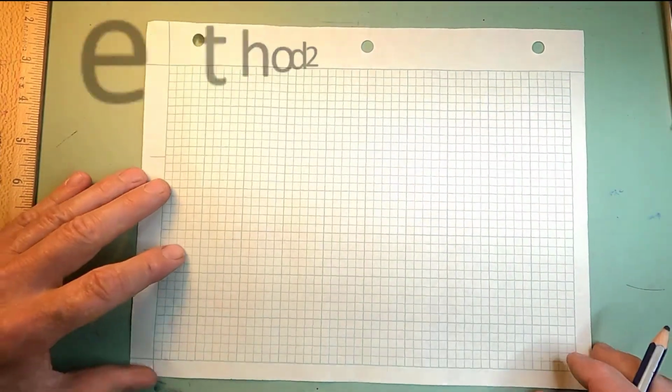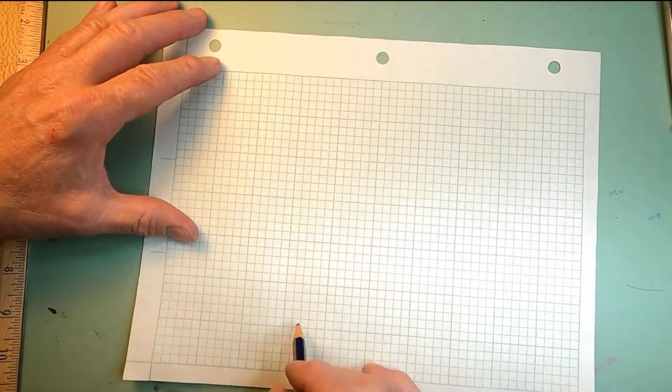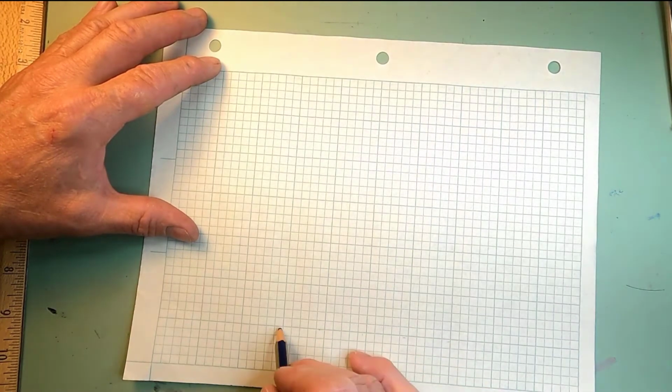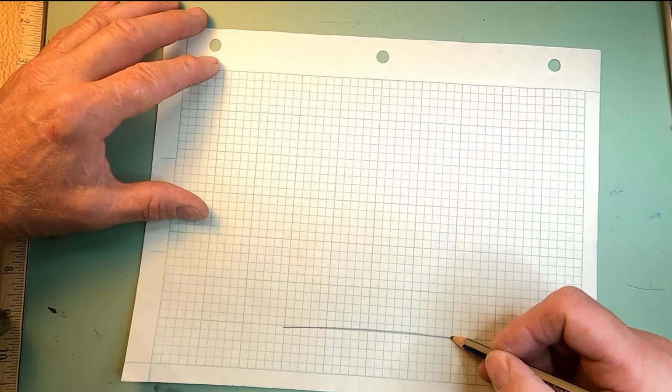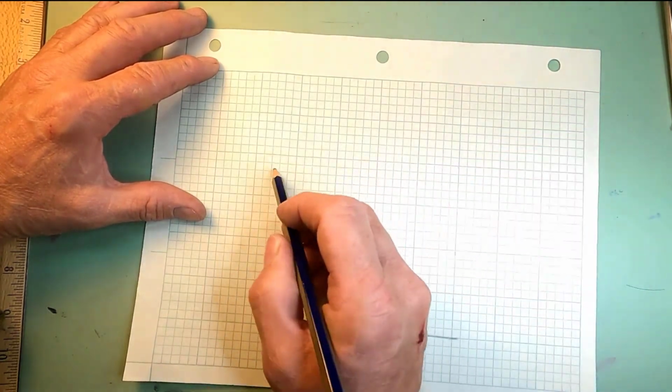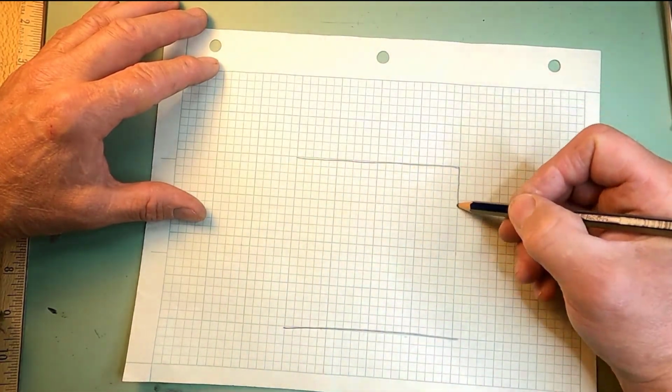You can also accomplish this by using simple tracing paper and just counting over squares. Begin with a larger number that's divisible by 2, and then continue to break that square down.